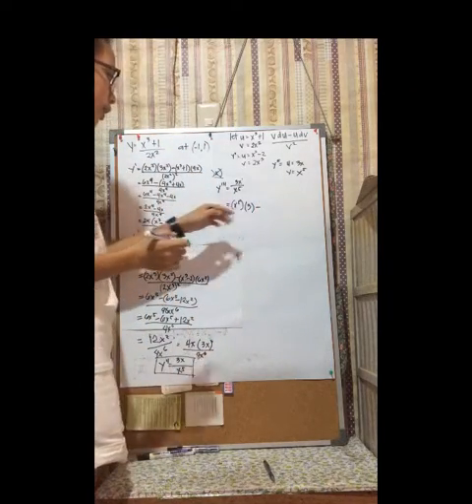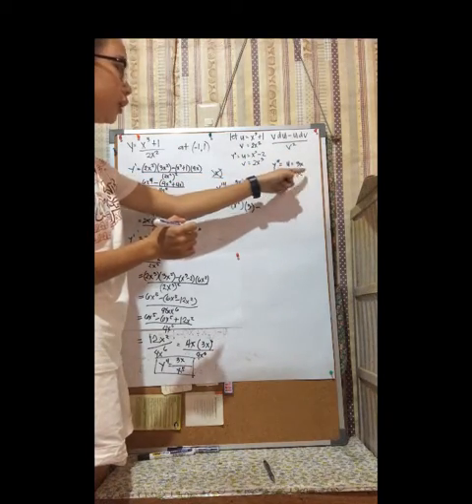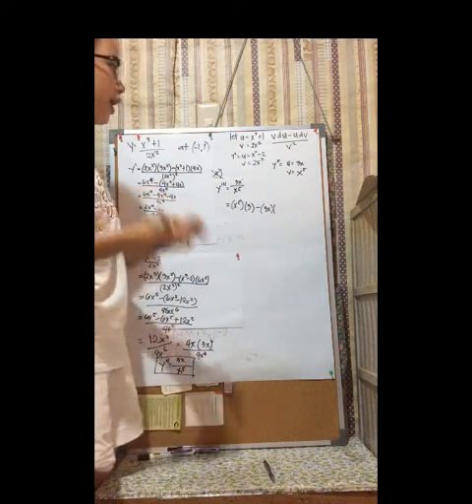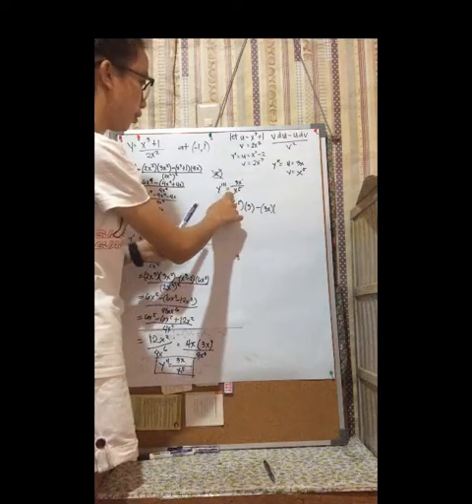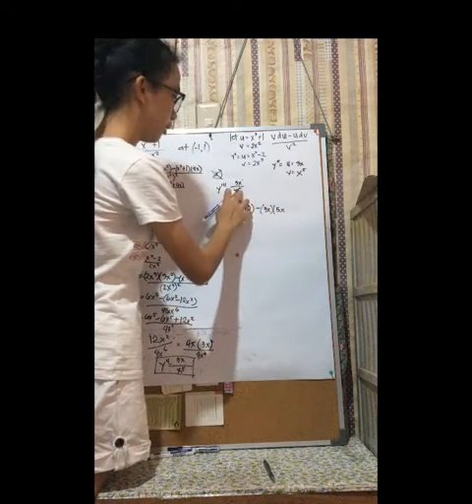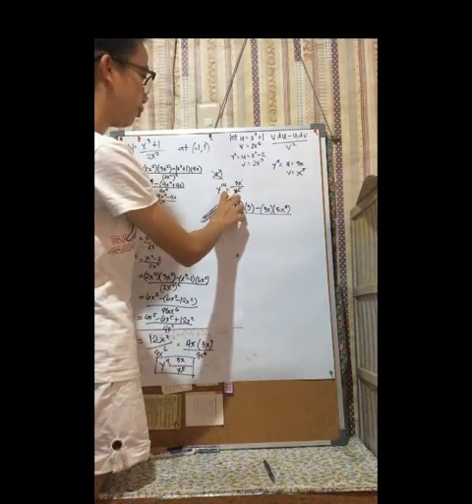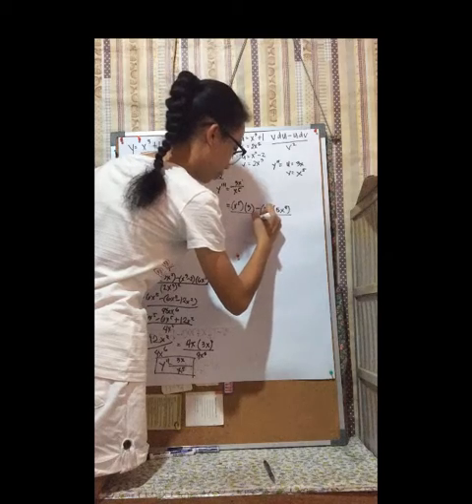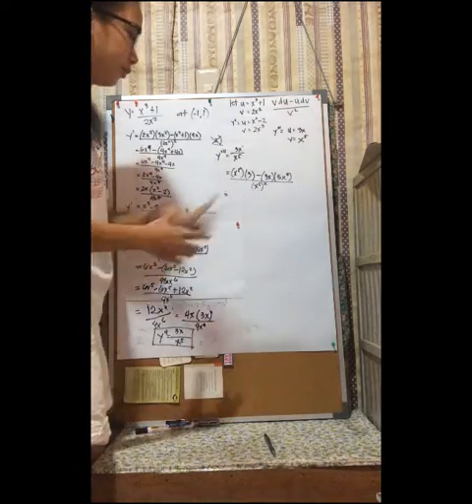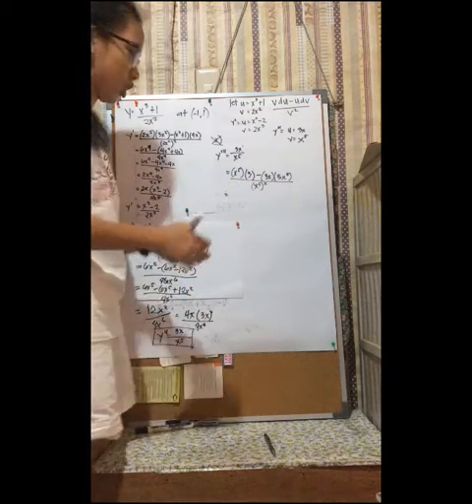Minus, first copy u, which is 3x, and the derivative of x to the 5th is 5x to the 5 minus 1, which is 5x to the 4th, all over v squared, which is x to the 5th squared. Next, simplify the equation.